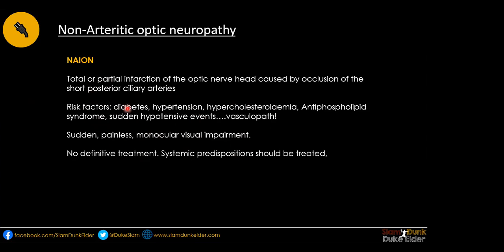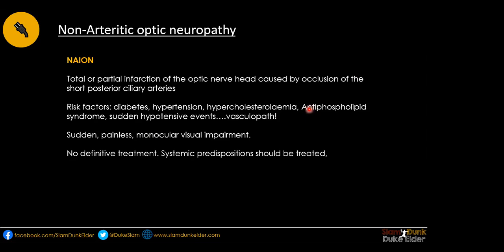So you'll send off an HbA1c, you'll do a lipid profile. If it's appropriate, you can do a thrombophilia screen, so testing for antiphospholipid syndrome. And you could think about managing their risk factors. So if there's someone who's got peripheral vascular disease, aspirin or clopidogrel can help minimize further progression of the disease, because at least 50% of these patients who present with a problem in one eye will go on to have further problems in the other.